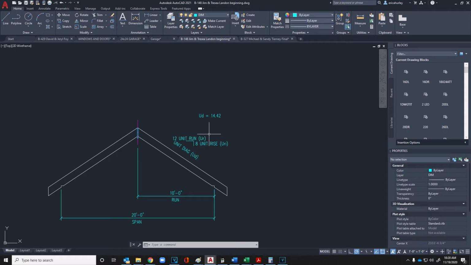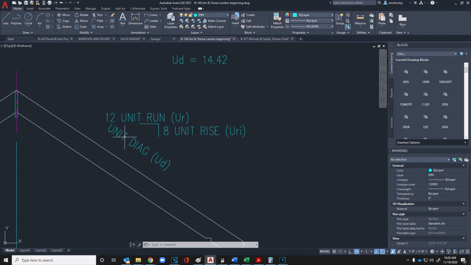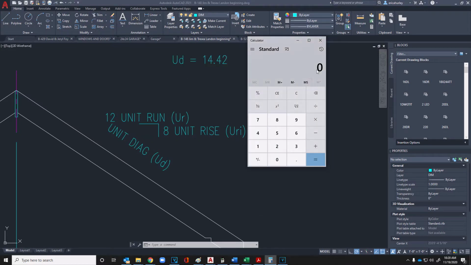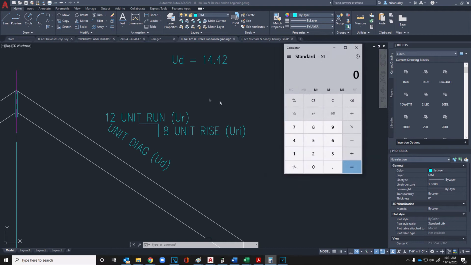We'll do them both. So to figure out what this actually is, let's go over to our regular calculator, and we're going to say 8 squared plus 12 squared equals, and then we're going to hit the square root to end up with a huge number. Now you'll see that we were looking over there a minute ago and it was just rounded off to 2 decimal points.